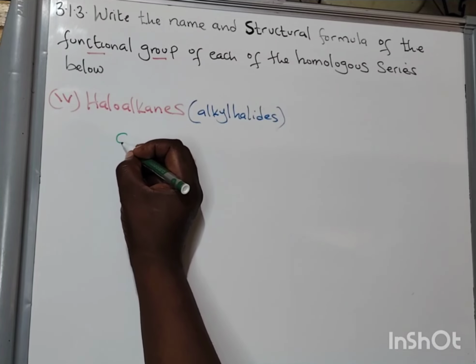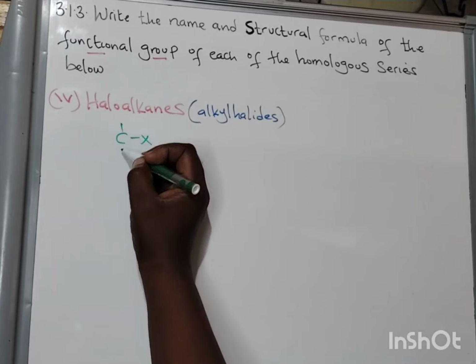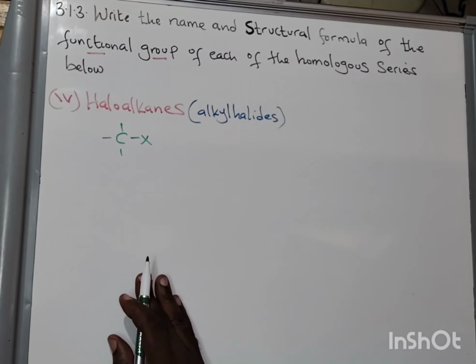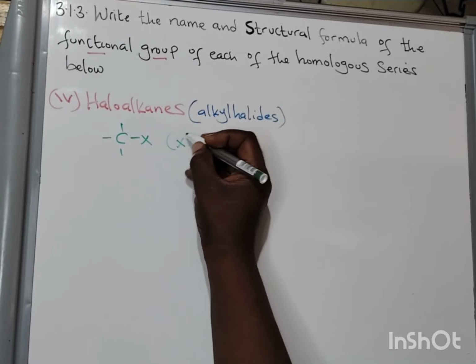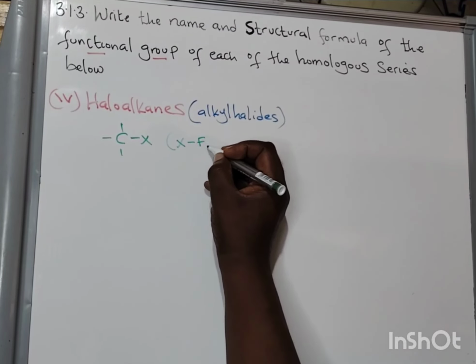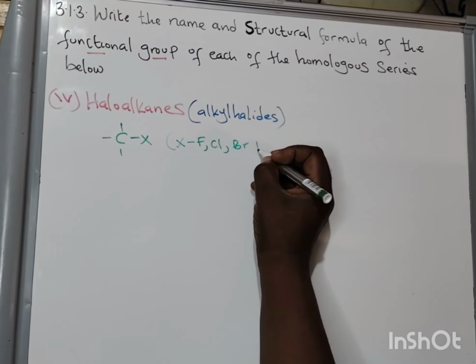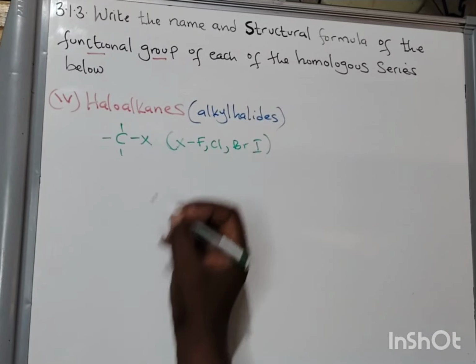So it is a carbon atom attached to a halogen. That's the structure formula of the functional group, where X represents fluorine, chlorine, bromine, iodine.